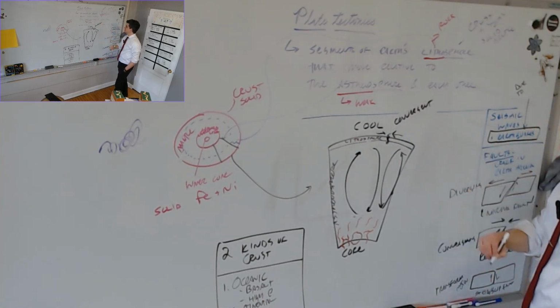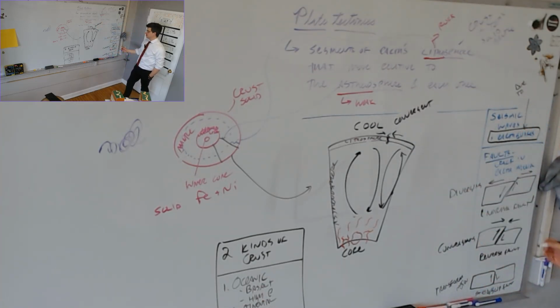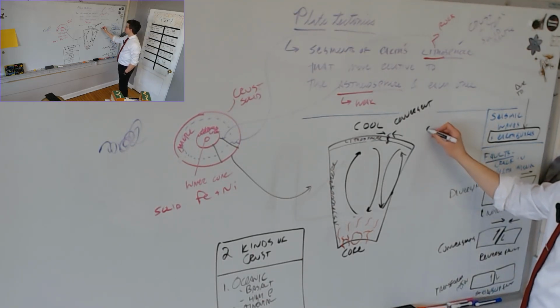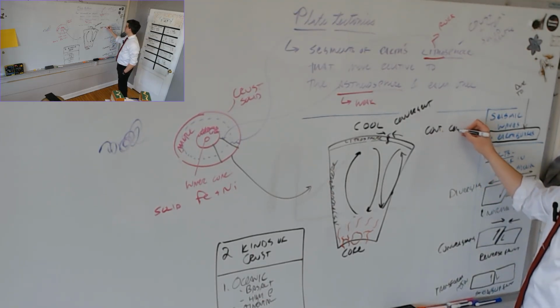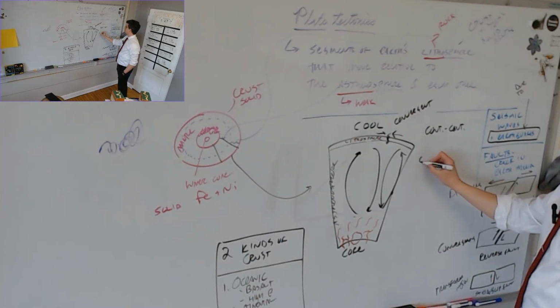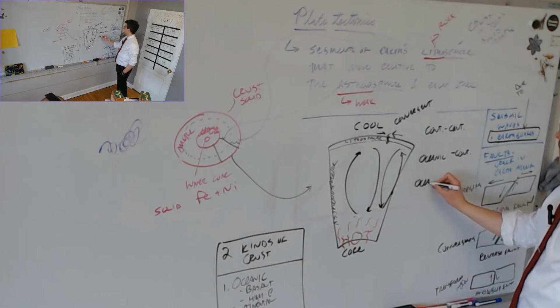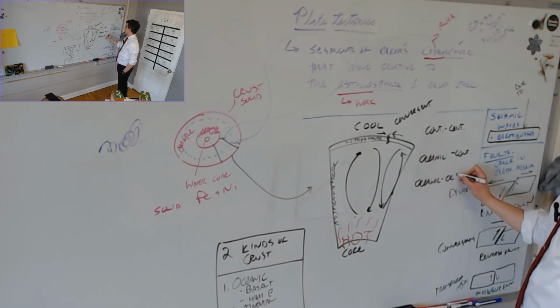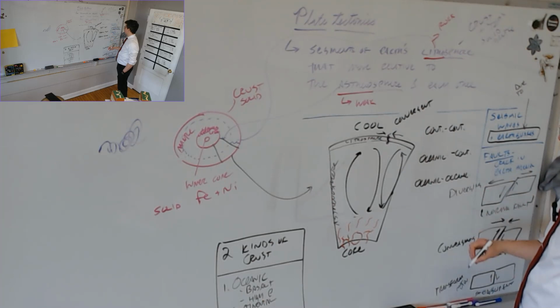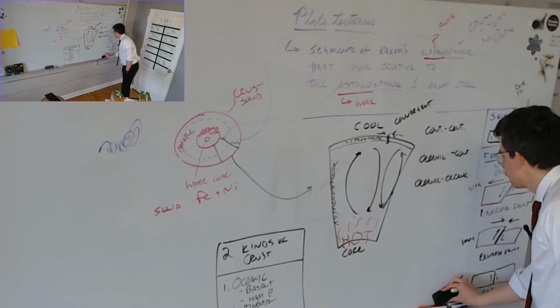Let's do it again. If we've got two continental crusts colliding, if we've got an oceanic and continental, and if we've got two oceanic. These are going to be our examples.